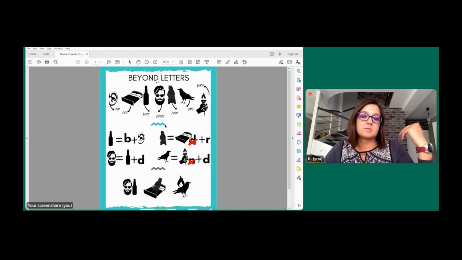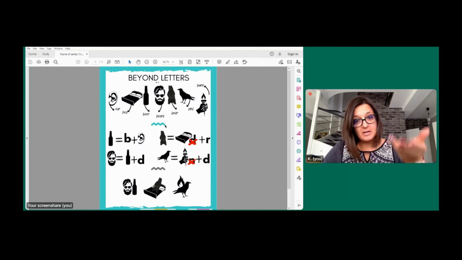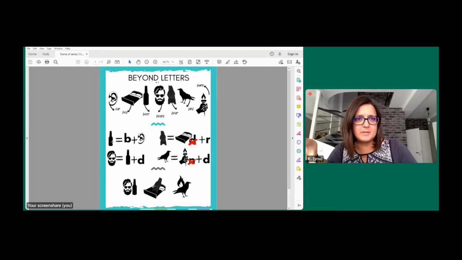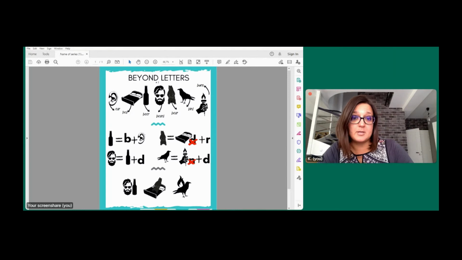So they read the words as they would normally read them, probably with mistakes. Then they uncover part of the handout and they see the equations. So basically it's very simple. We have beer. Students usually know how to pronounce beer. I wonder why. But just to be sure, it is included here. So we have a B plus ear equals beer.